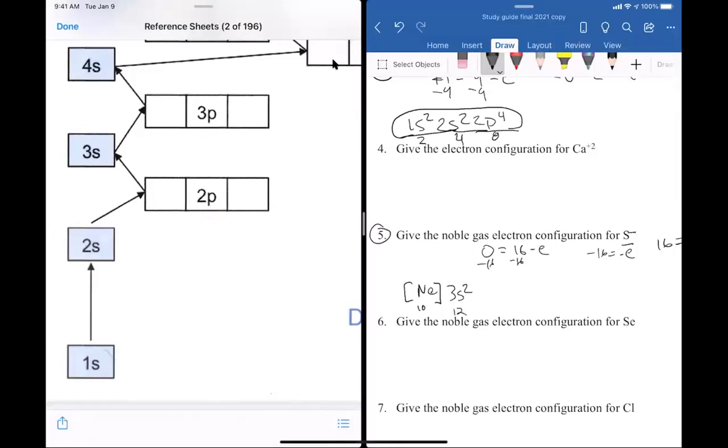So that's 12. After 3s, as you can see, it points to 3p. Remember, we want 16, so we just want 4, even though we know we can fit 6, because that's how many we need to house. All right, I want you guys to try number 6 before we leave, please.